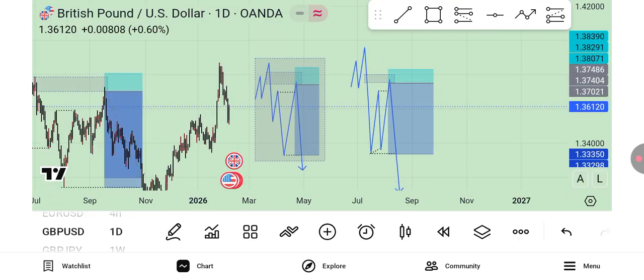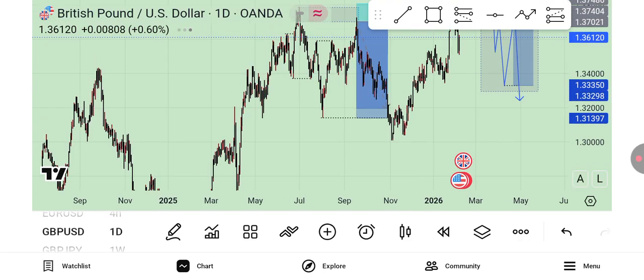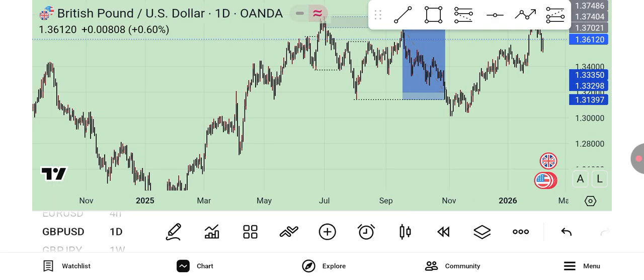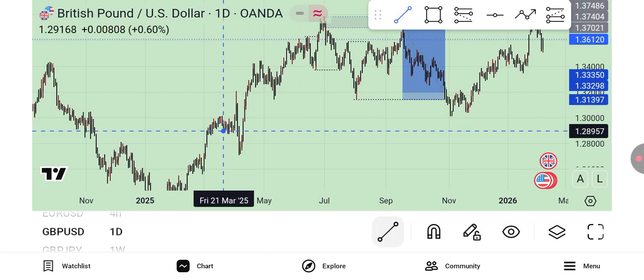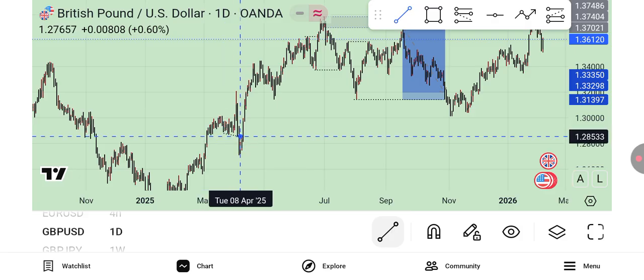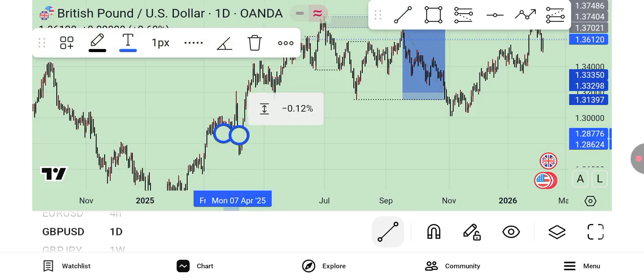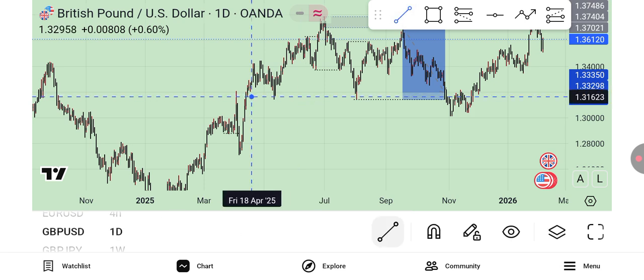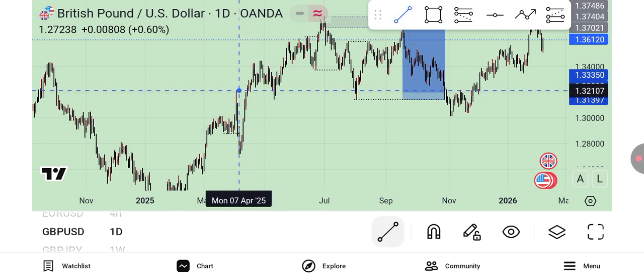So let me show you how it looks in the market. You see, for example, the market breaks structure here. That's our strong low, and it breaks it to the upside again.